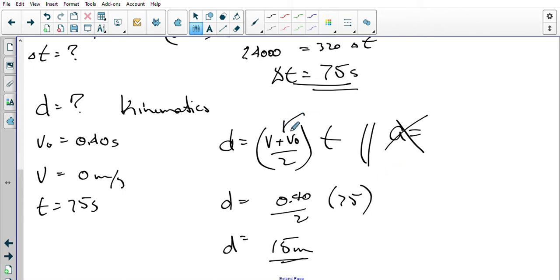This is our v average, which is v naught plus v divided by 2. Just a reminder of that. You have to remember your kinematics. Kinematics shows up all the way.